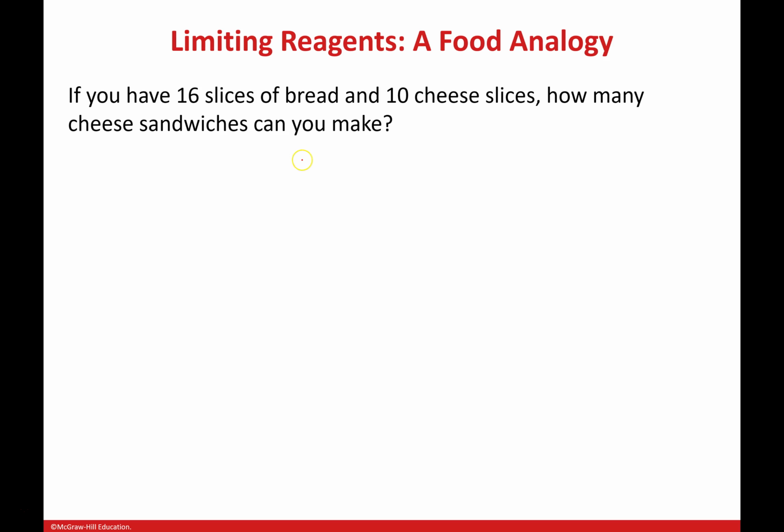We are going to make cheese sandwiches. For every one cheese sandwich I make, I'm going to need 2 slices of bread, and we're really cheap here, 1 slice of cheese.